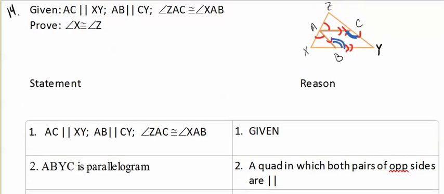And from there, we can say that ACZ and XBA are supplementary to those two angles.